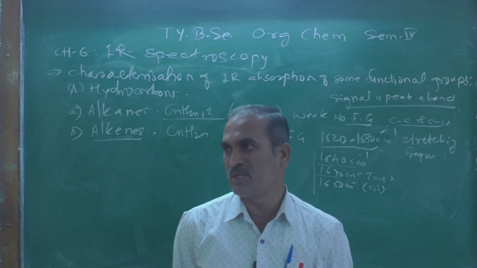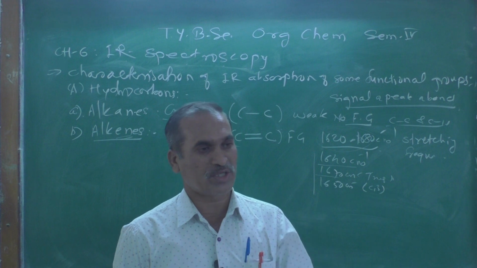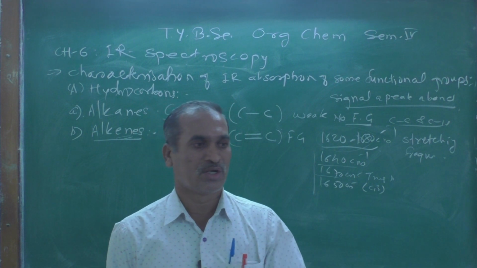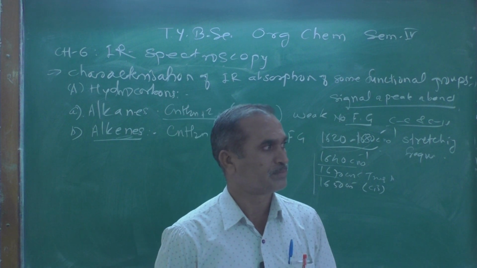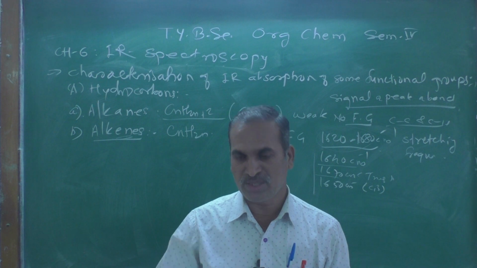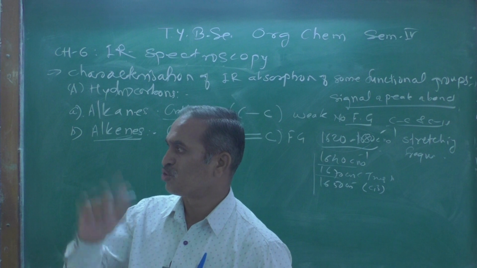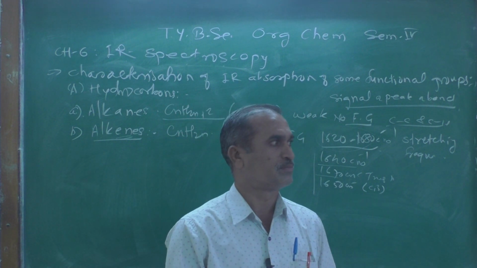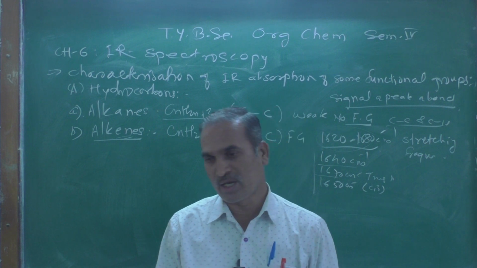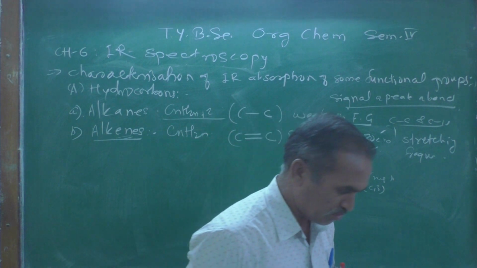Geometrical isomerism means restriction of rotation. The rotation of the bond is restricted due to the presence of the carbon-carbon double bond, and this gives rise to geometrical isomers.